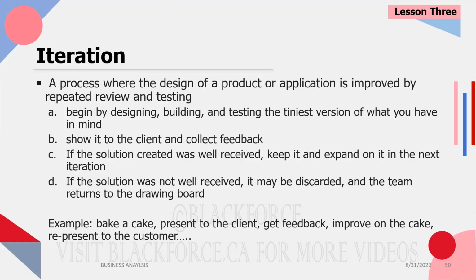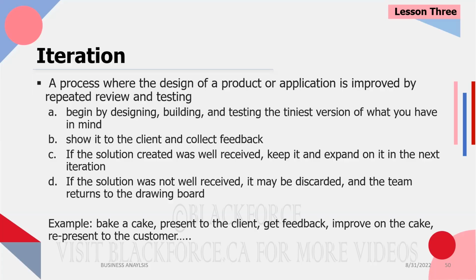So we've talked about iteration, a process where the design of a product or application is improved by repeated review and testing. You know, we work on it, we build, we test it, we get feedback, we make changes based on the feedback. So we begin by designing, then we build it, then we test it.